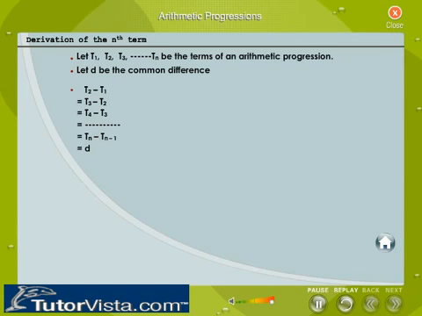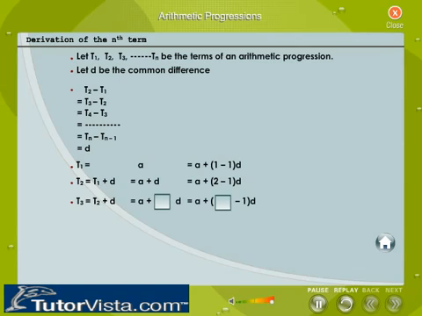That is equal to Tn minus Tn minus 1 that is equal to D. The first term T1 is A and it can be written as A plus 1 minus 1 into D. Following the same pattern, we can write the second term T2 as A plus 2 minus 1 into D. Now write T3 and T4 using the same pattern. Key in the answers.